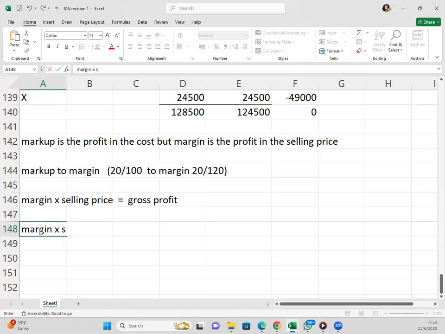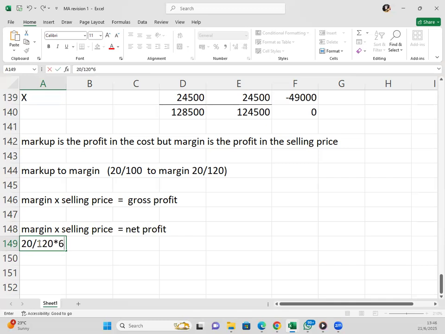If you say margin times the selling price is equal to net profit, because it's not gross profit margin, this is net profit margin. So our margin, we calculated that to be 20 over 120 times our selling price.